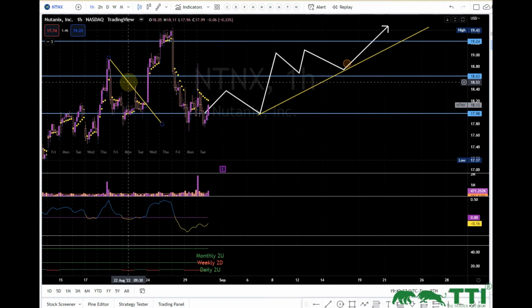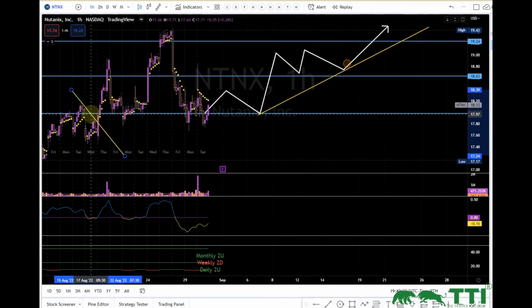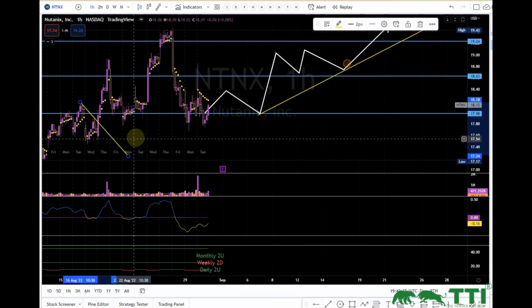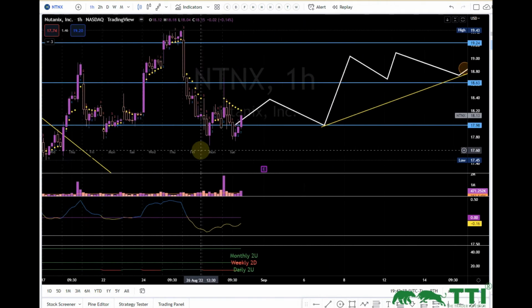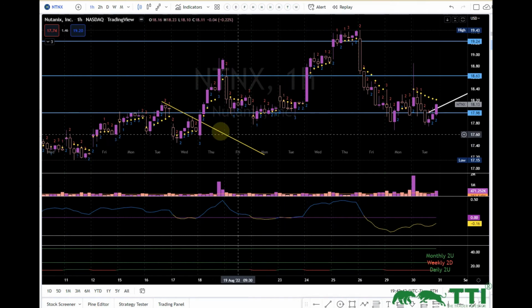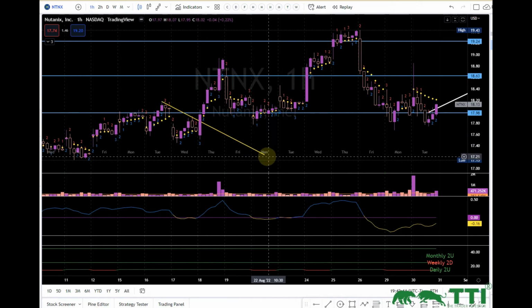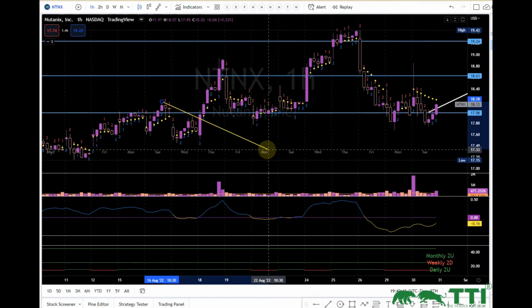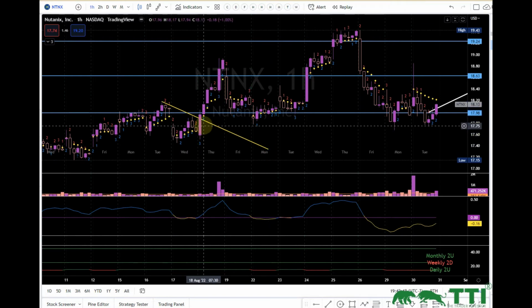In the 1 hour chart, I'll show you something very interesting here. So let's just zoom around. I'm just going to draw this way for simplicity. So you see this line?